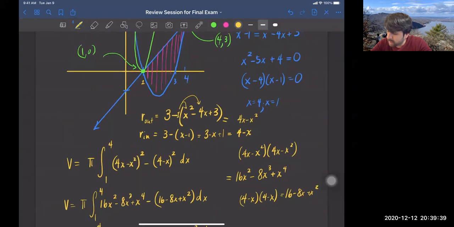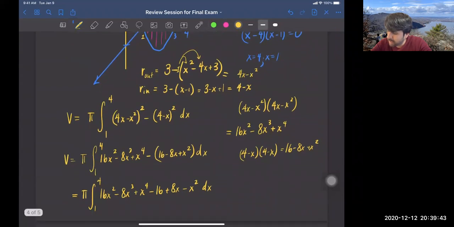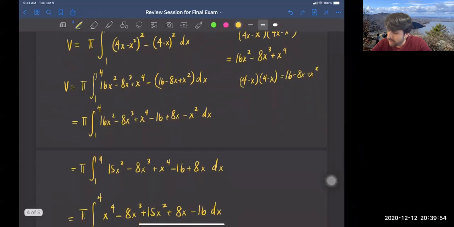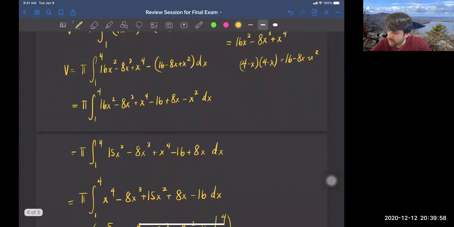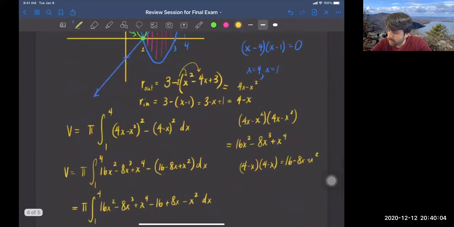Plus 4x minus x squared, then you got negative 4 minus x, and then you square that. And you get minus, minus, plus, and then you get 16 squared, and you get that, that's minus 16 plus minus 15x to the fourth minus 16 plus 8x. And this is 1 through 4. Yep, 1 through 4.